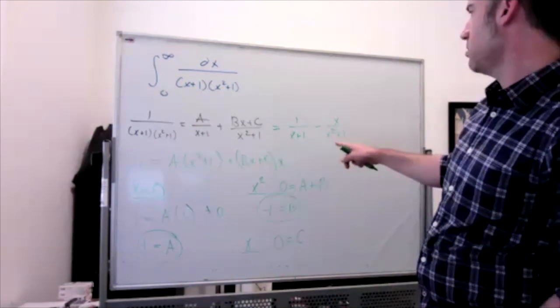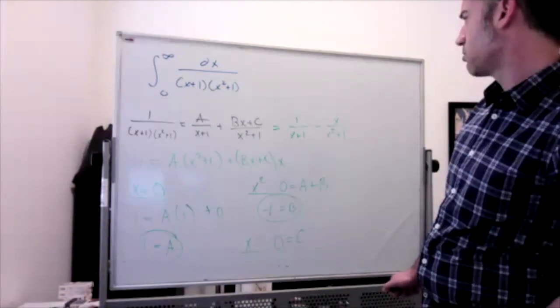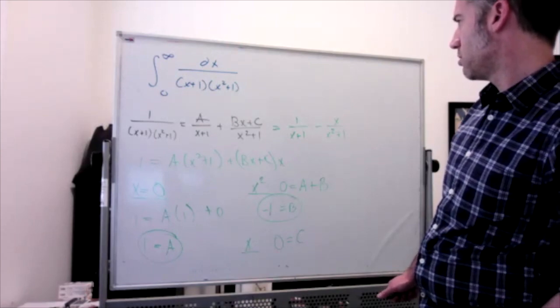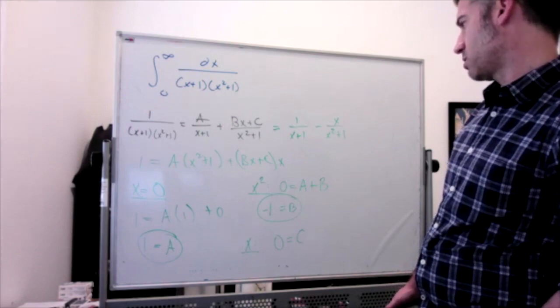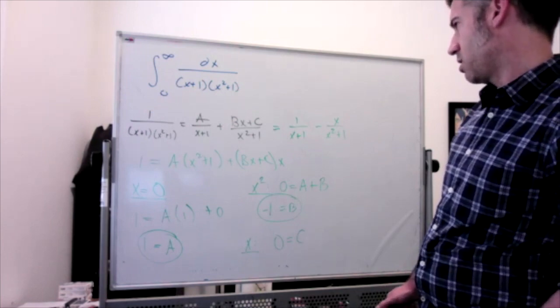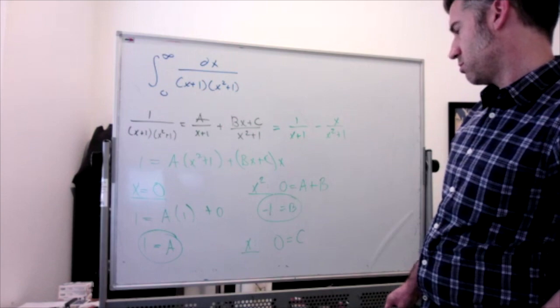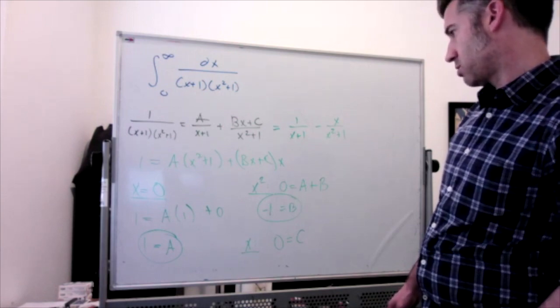X squared plus 1 minus. I feel like I'm making a mistake somewhere. Let's double check. X squared plus 1. That's right. Minus x squared.